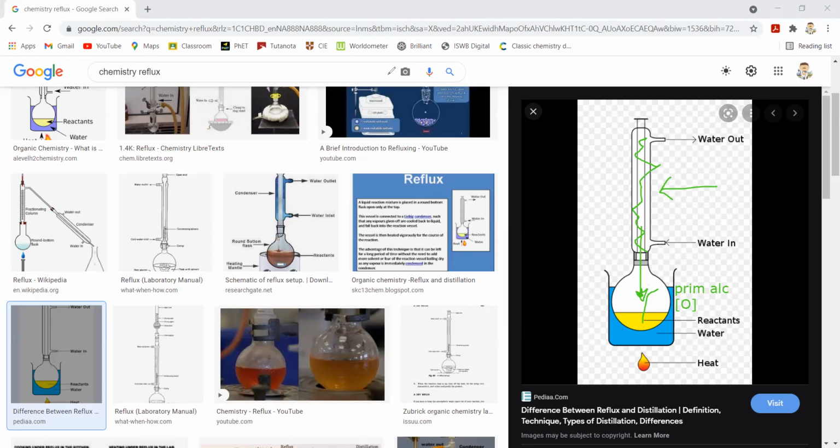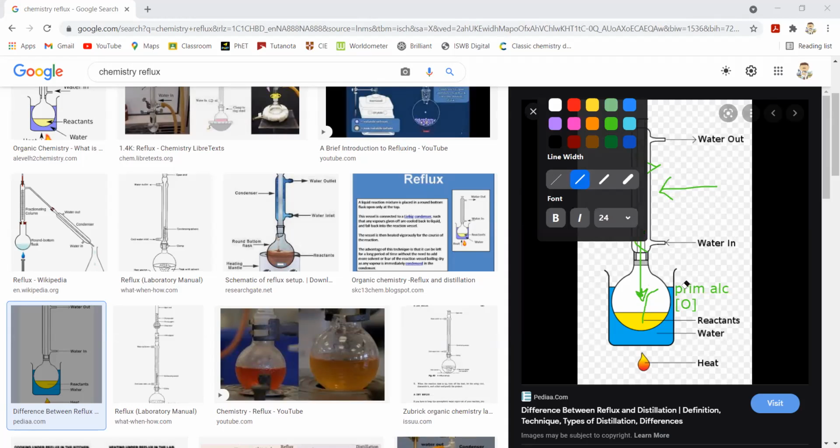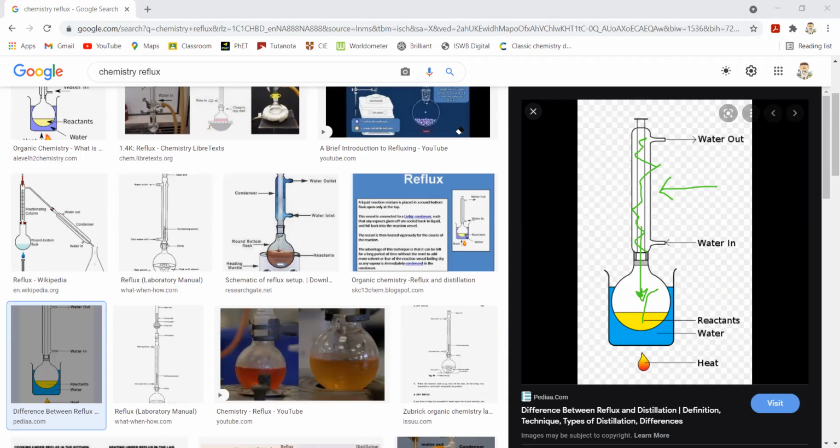So at the bottom, what you get inside the container is the aldehyde, still mixed with the oxidizing agent. This is why you get further oxidation and end up with the carboxylic acid.